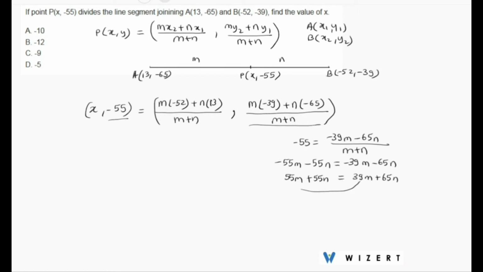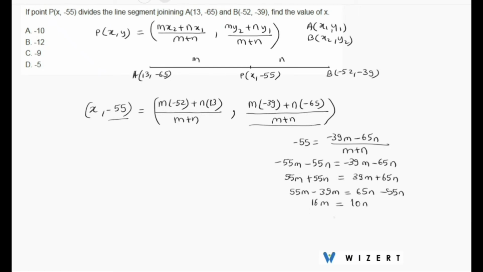Now let's take the m term over to this side and the n term over to this side. We get 55m minus 39m equal to 65n minus 55n. So we have 55 minus 39 is 16, so 16m equal to 65 minus 55 is 10n.